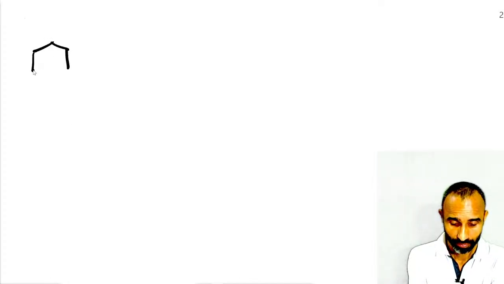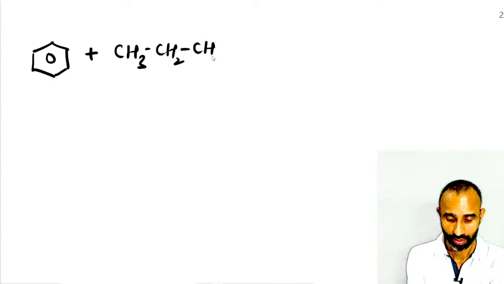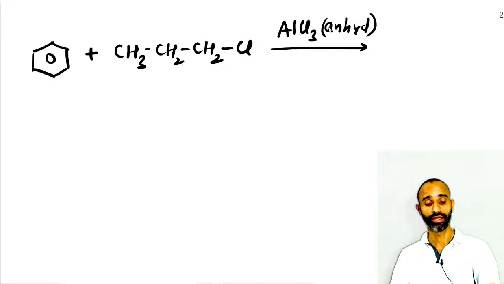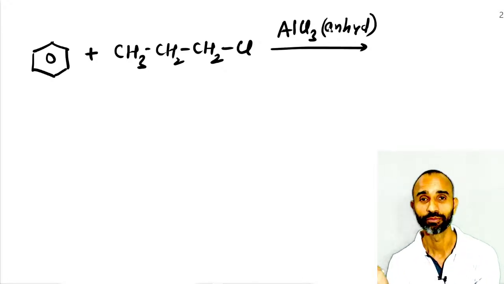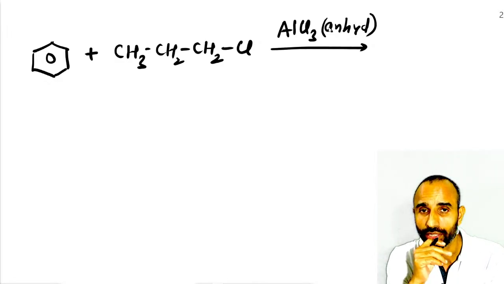Now in this case, maybe the question is like this. Let us say we have 1-chloropropane in the presence of anhydrous AlCl3. So what is the product formed? Tell me. In this case, what is the major product?